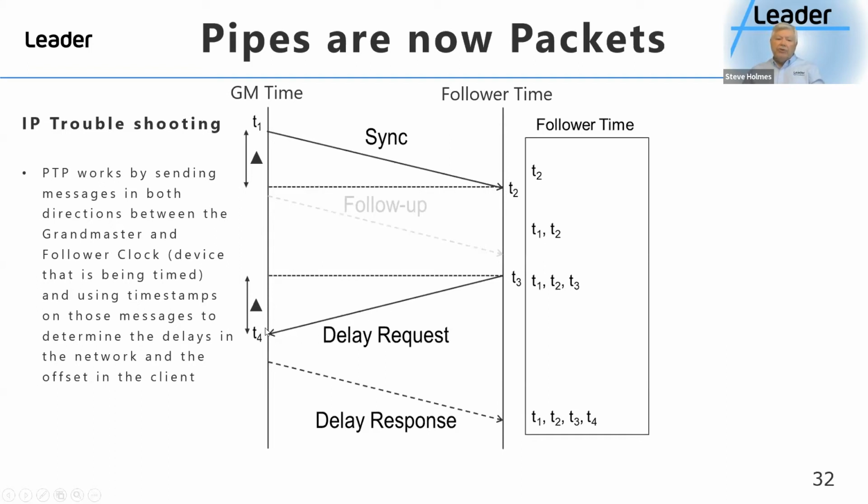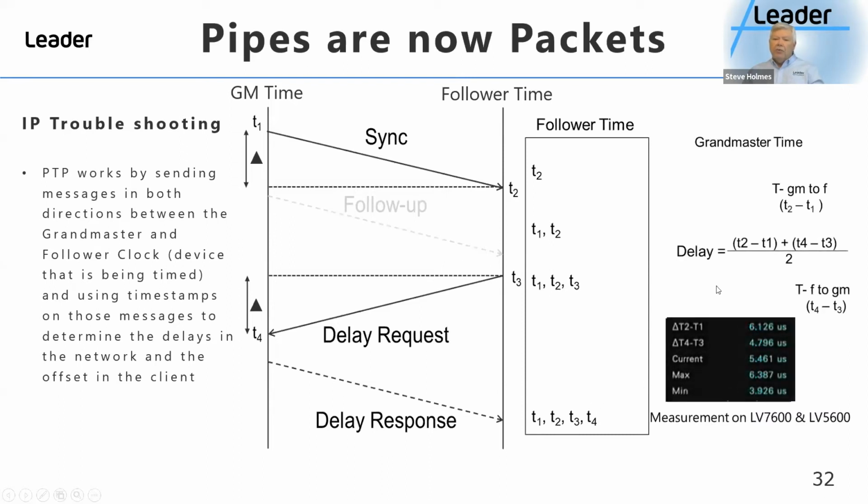The grandmaster will timestamp that and send all of that data back to the follower. So now the follower has the time that the grandmaster sent, and when it was received, and the time that it sent back to the grandmaster and when the grandmaster received that.